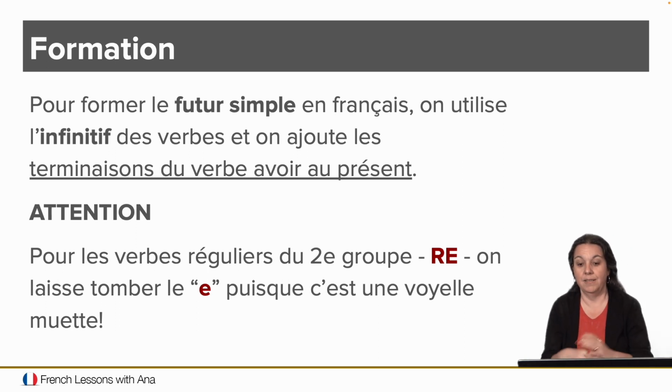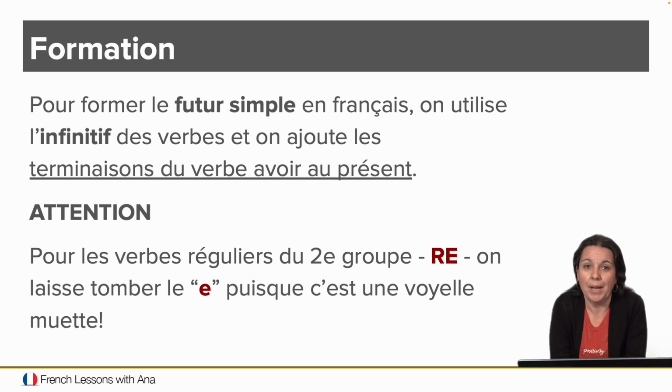In most cases, it's the actual verb itself for je, tu, il and ils, and for nous and vous, we grab the endings as well, okay? So that means ai, as, a, ons, ez, ont. Now, there's a little thing we need to remember. If the verbs belong to the second group, which means they end in re, the E is silent.